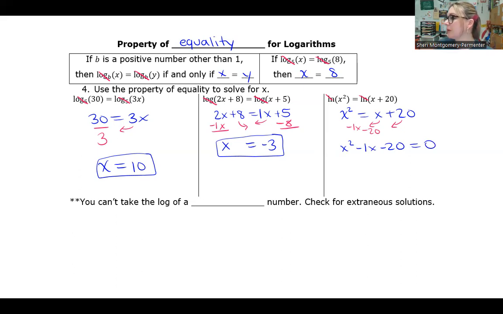Again, I know that it's been a long time since you factored, so this might be the time in your notes that you actually tune in to get a refresher on factoring. All the factoring problems that I will have you do will have a leading coefficient of 1. That means you can fast factor. So to fast factor, we're going to have 2 parentheses, and they're both going to have an x in it.